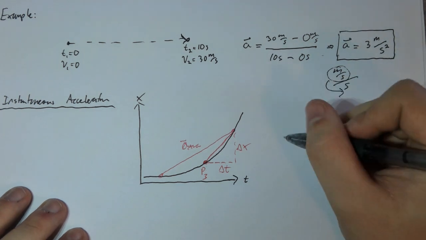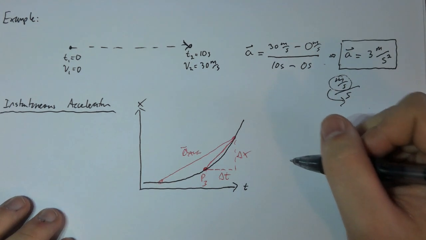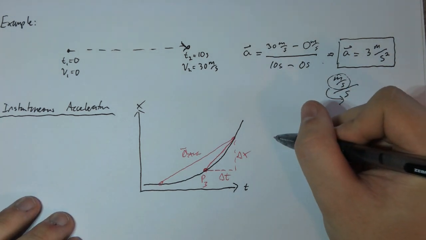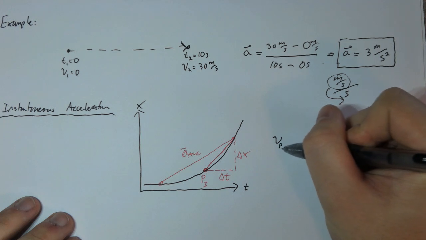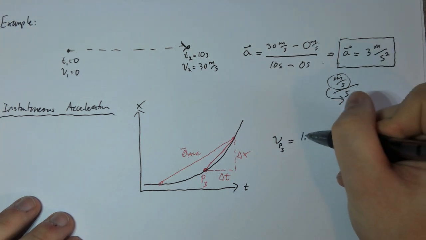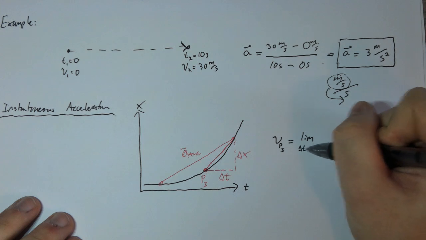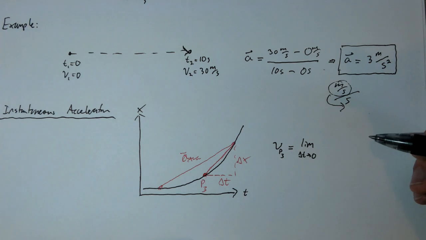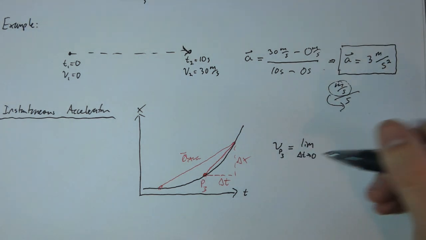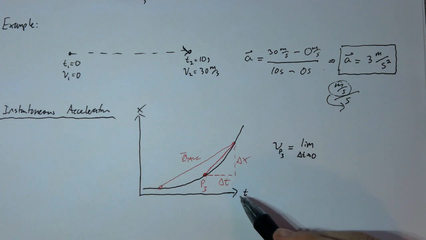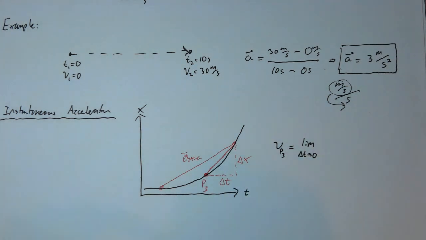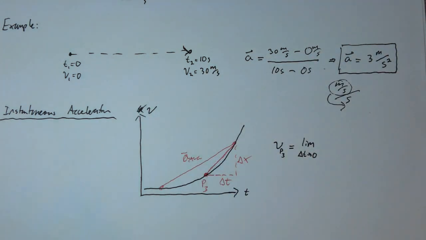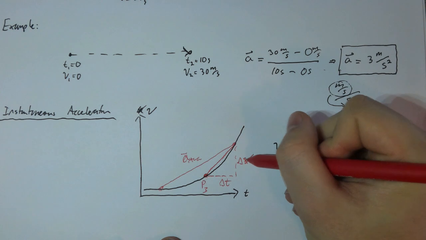And I explained that in the video on instantaneous velocity, but what that looks like is v at p3 is equal to the limit as delta t goes to 0, which is just calculus terminology for what I just described. Sorry, I'm doing velocity here. This should be the velocity axis, and this should be change in velocity.